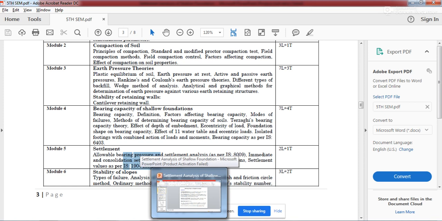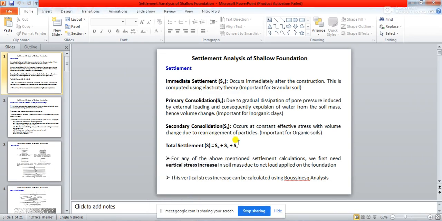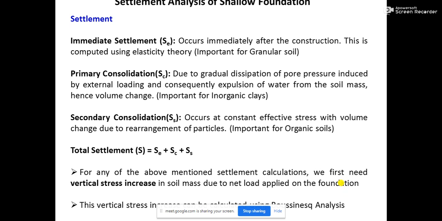To start with the discussion on settlement analysis of shallow foundation, you know that settlement of any shallow foundation consists of three types of settlements.